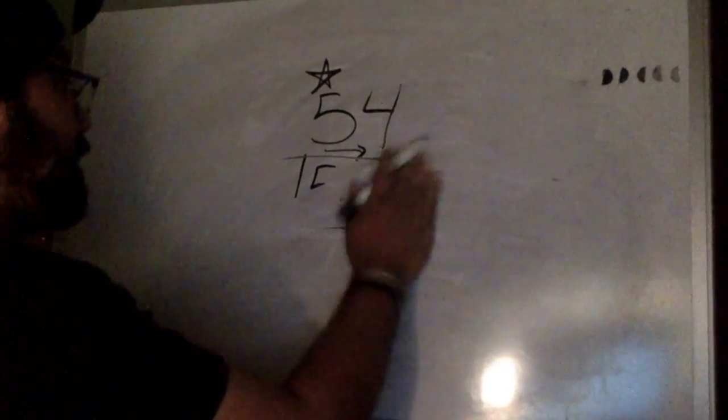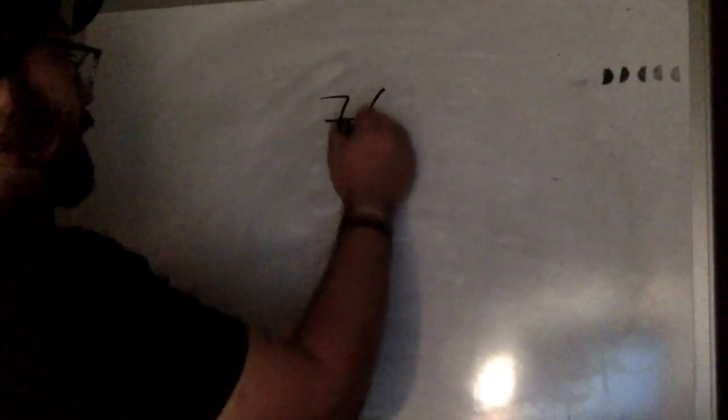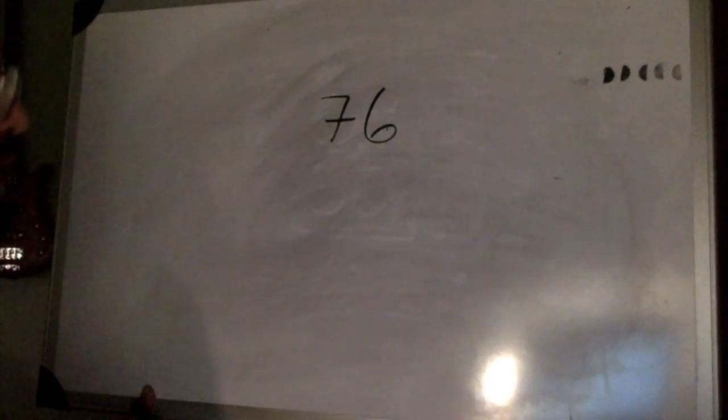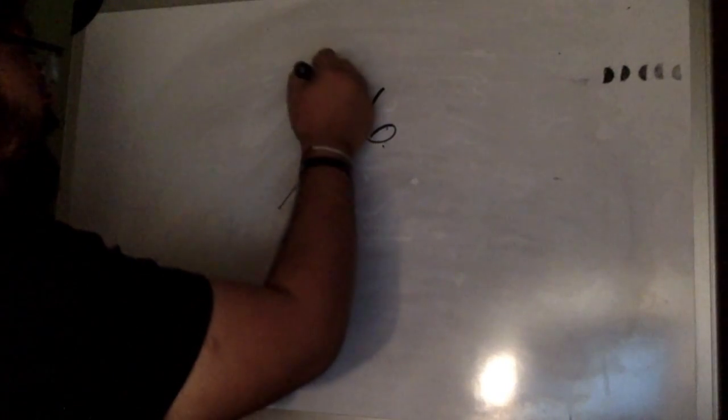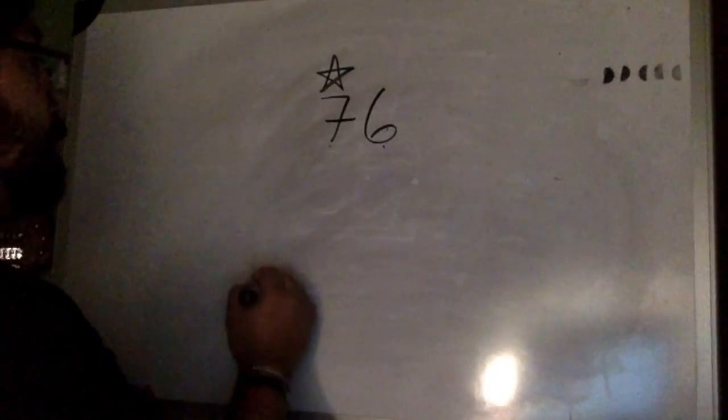This time, we're going to see what happens when the sister is 5 and above. Check this. 76 to the nearest 10. Well, we have 1s and 10s. Give Cinderella a crown. Look next door.